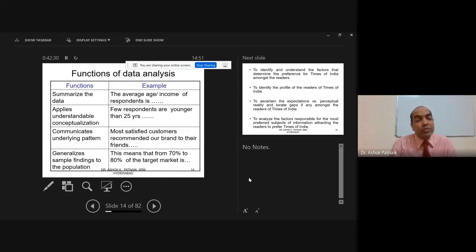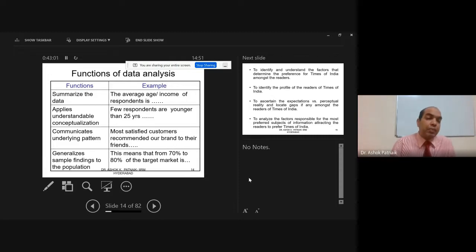So it also tells you different types of patterns existing in that data. Like most satisfied customers recommend our brand, or most dissatisfied customers go to a competitor's product, X product or Y product, or X is our most fierce competitor. So it also communicates some kind of pattern which is emerging, or which is prevailing in that situation.